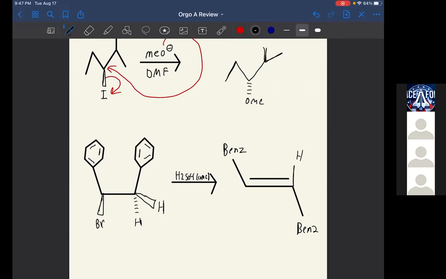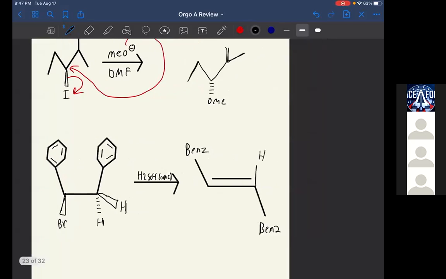And it doesn't have to do that opposite stuff that E2 has to do. E1 just always makes the most stable alkene. Does that make sense? Yeah. I know it's kind of complicated.